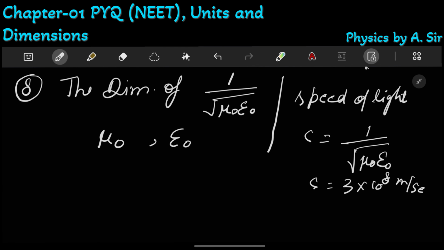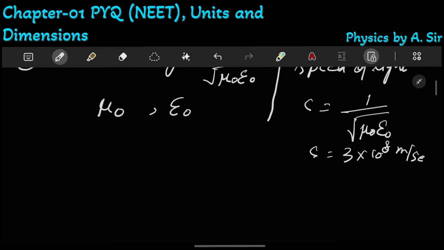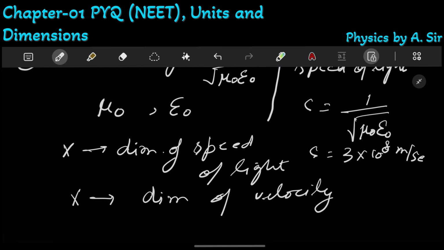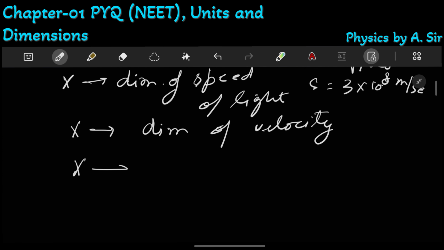So by using this simple trick, the dimension of this quantity is the dimension of speed of light, which is similar to the dimension of velocity, and it means the dimension of velocity to the power minus 1.